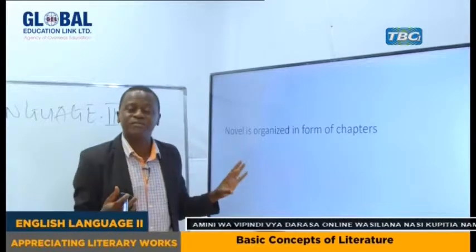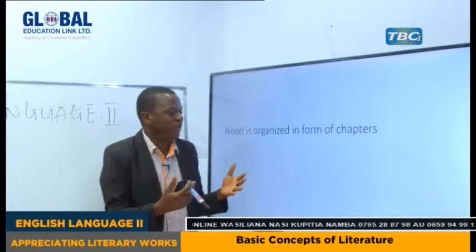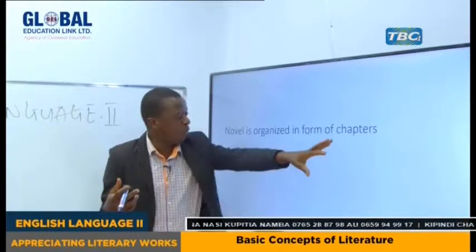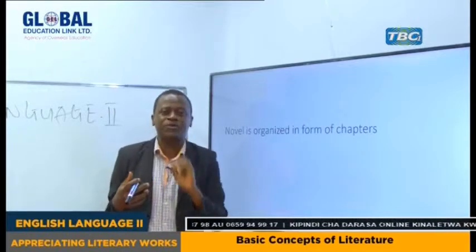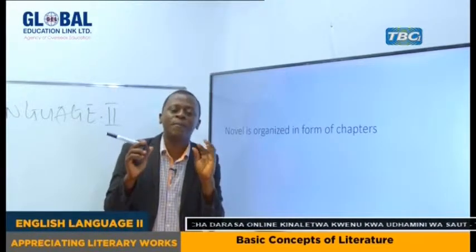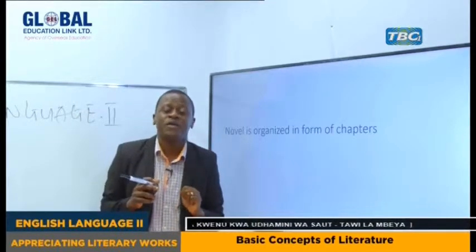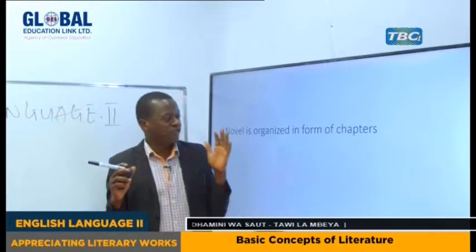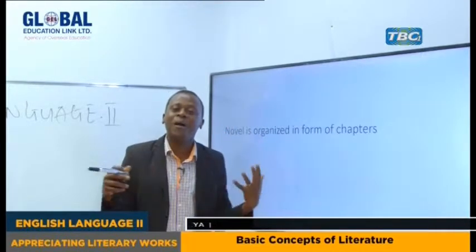Some authors may compose a novel with so many chapters, and each chapter contains its own idea, or within one chapter there may be so many ideas. Back to you.